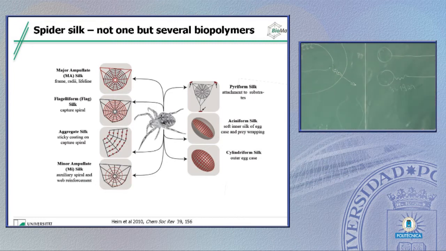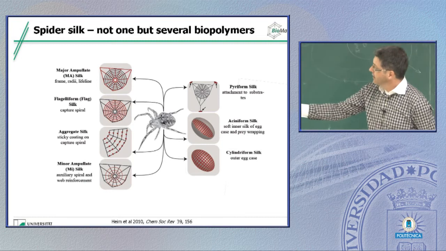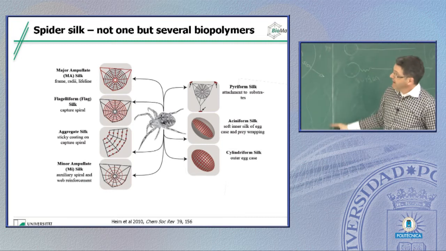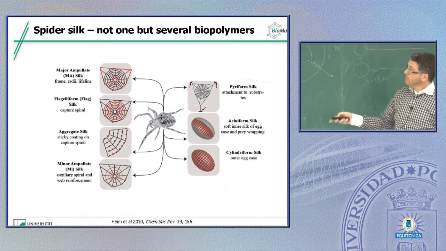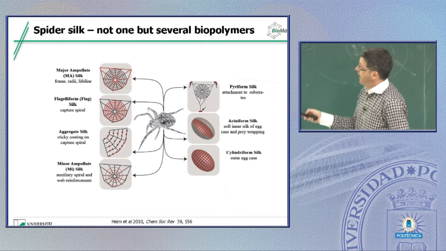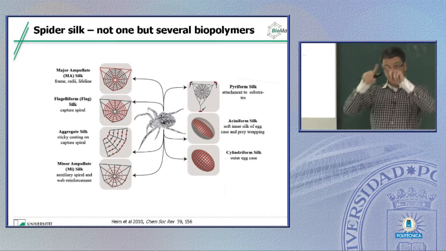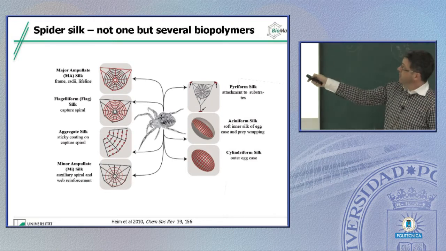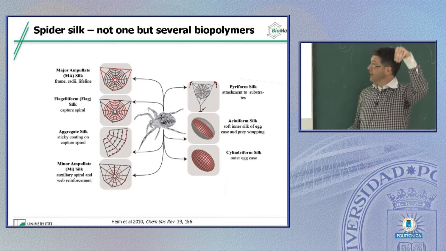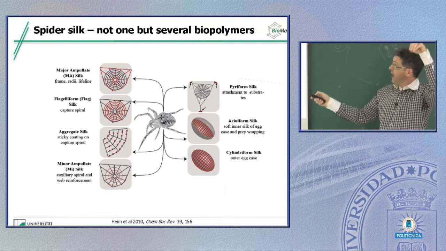That's the major ampullate, because there's also a minor ampullate, which is just smaller. The silk that comes from that gland is called the major ampullate silk. This is used for making the frame, it's used for making the radii of that web, and it's also a lifeline. So that's the fiber the spider hangs on.